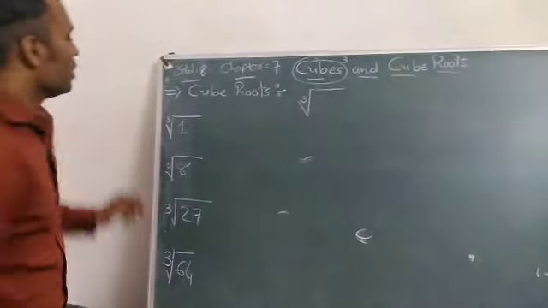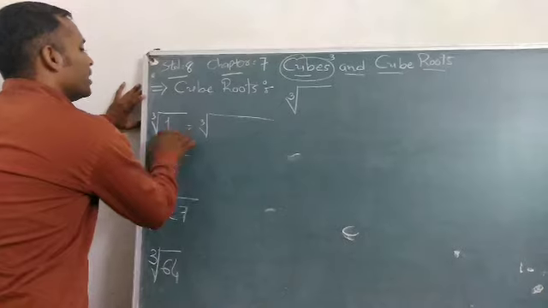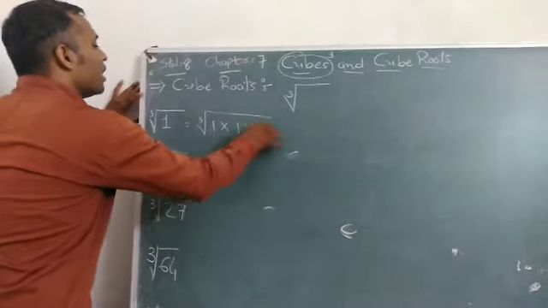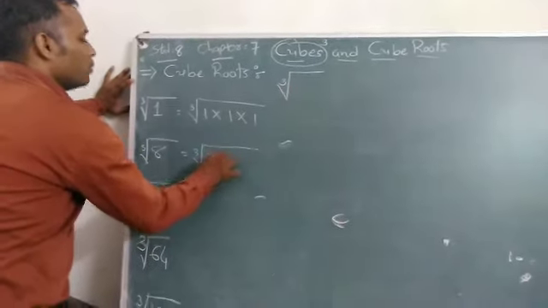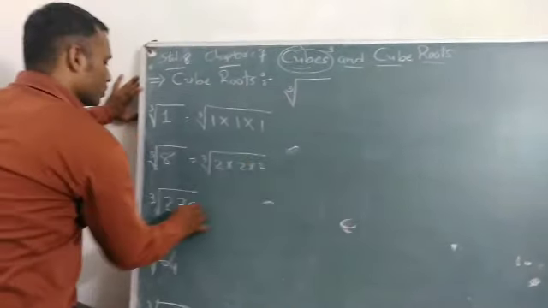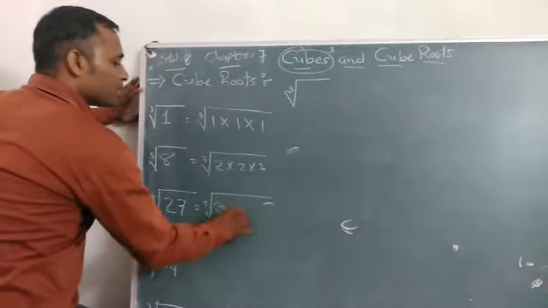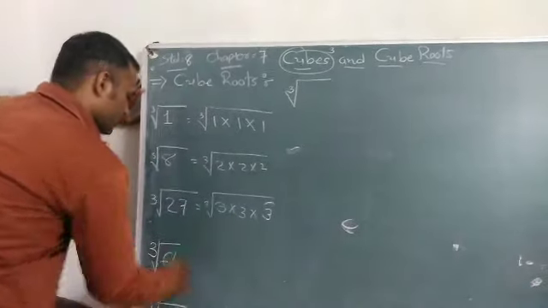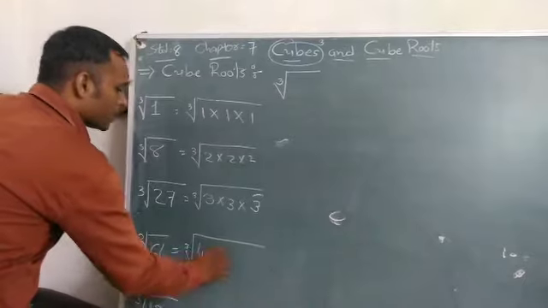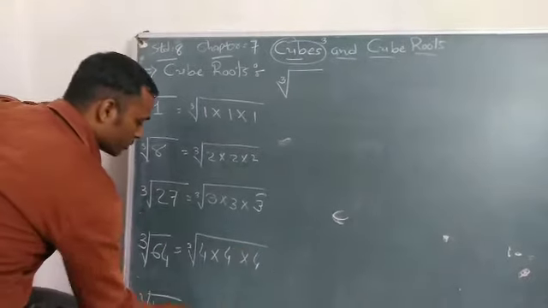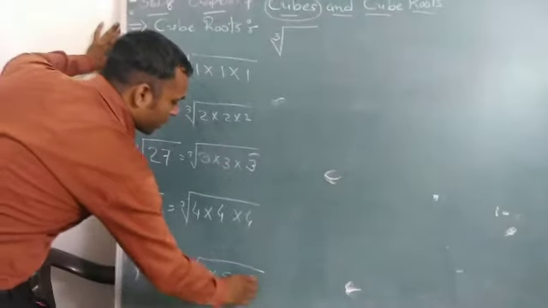So now discuss about this. 1 means 1 multiplied by 1 multiplied by 1. 8 means 2 multiplied by 2 multiplied by 2. 27 means 3 multiplied by 3 multiplied by 3. And 64 means 4 multiplied by 4 multiplied by 4. 125 means 5 multiplied by 5 multiplied by 5.